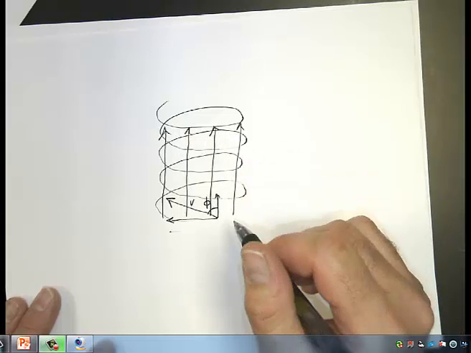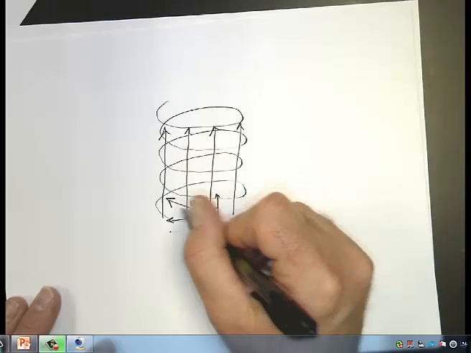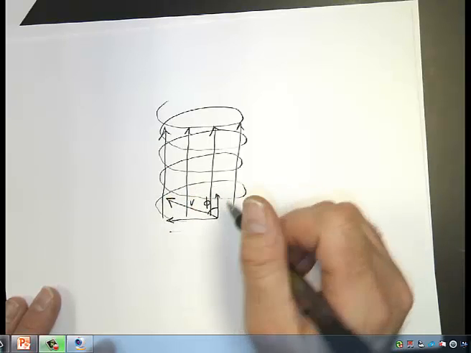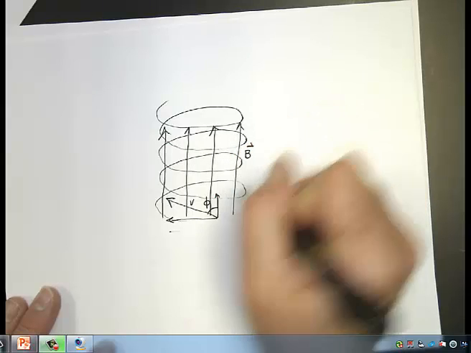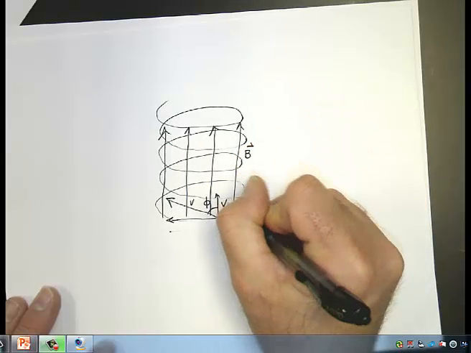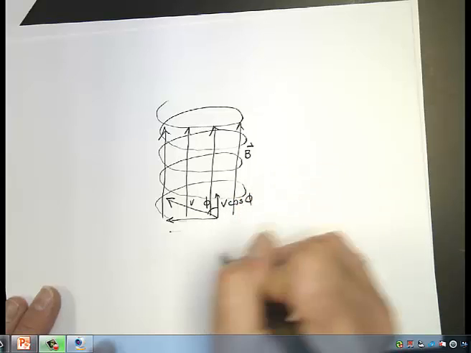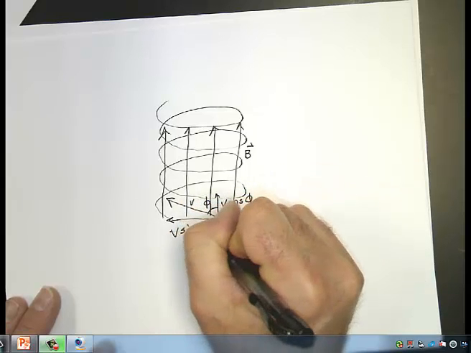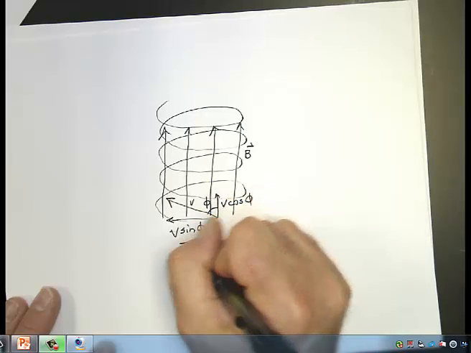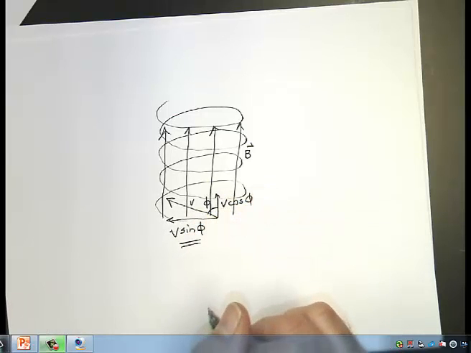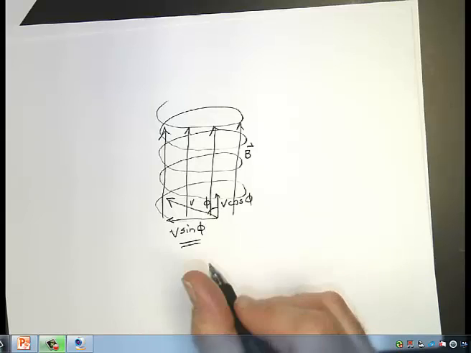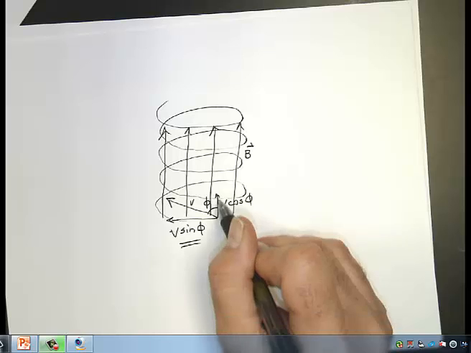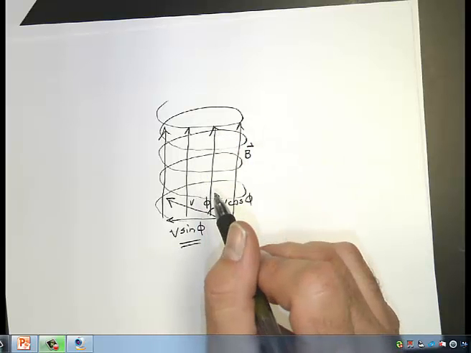Now this is a more general case where the velocity is not exactly perpendicular to the field. So again, here's our B field, here's the velocity, here's V cosine phi, here's V sine of phi. V sine of phi is taking the place of V in our previous equation. This guy here will determine how fast the spiral progresses in this direction.